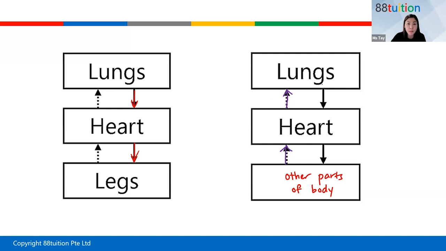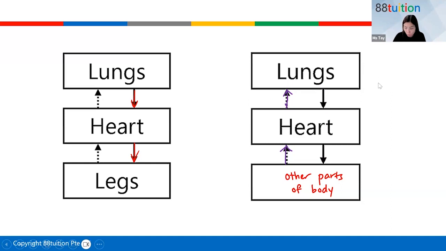And the blood will then take in more oxygen, and the circulatory system continues its work. Clear? So it moves in this manner. That's why it's called the circulatory system, because it moves in a circle, round and round, doesn't stop.